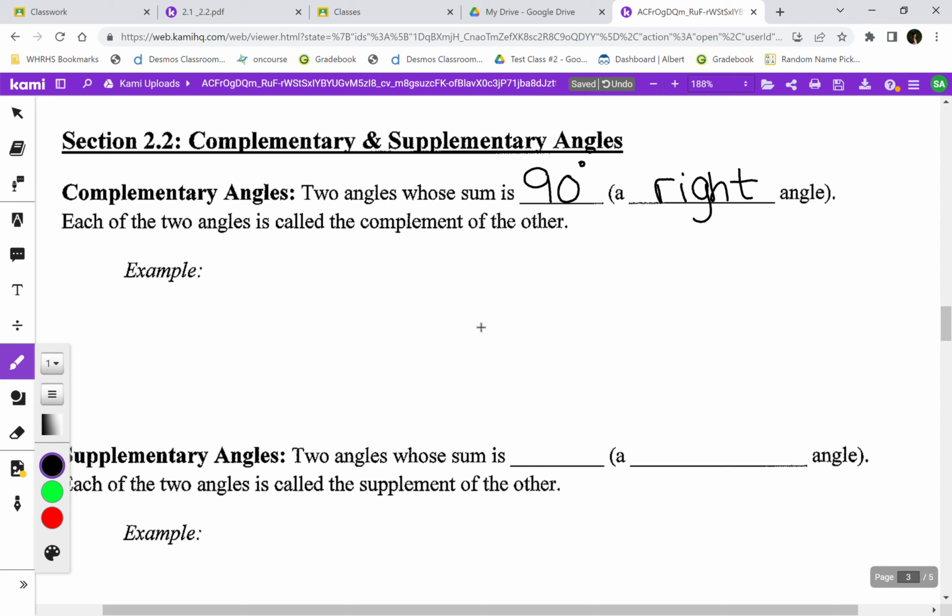So here, let's say I have angle A is 50 degrees and angle B is 40 degrees. Those were a little bit too close. I'm fixing my diagrams.